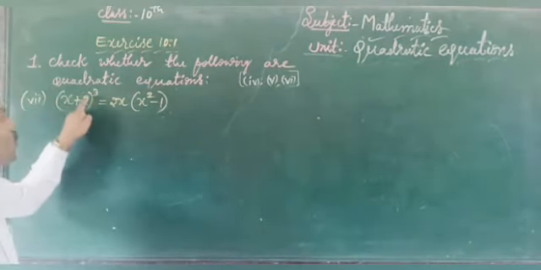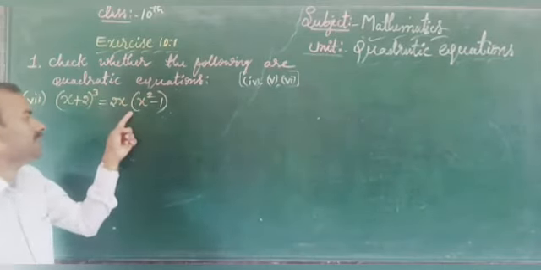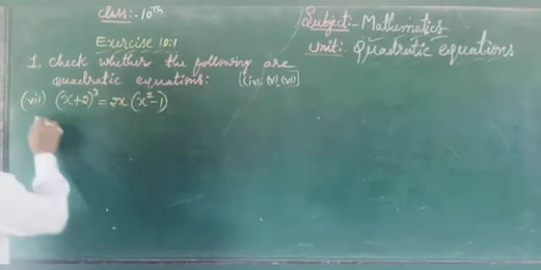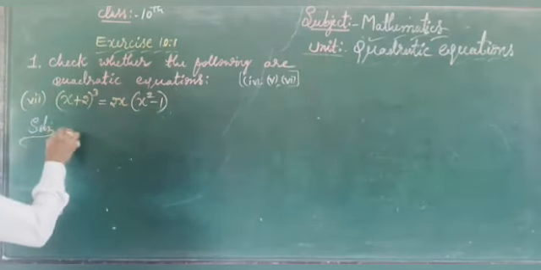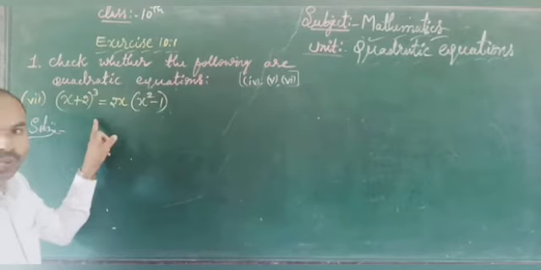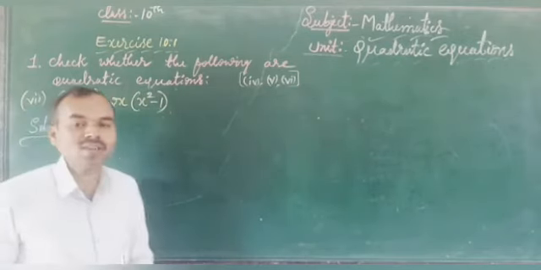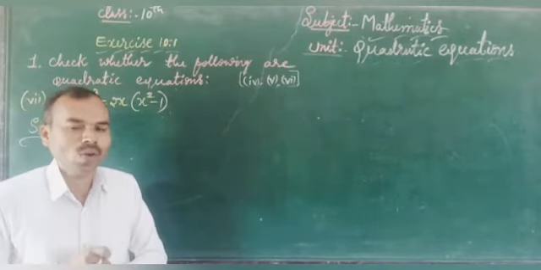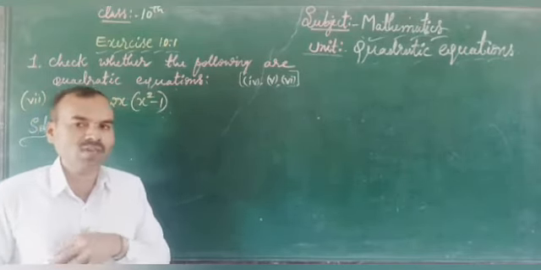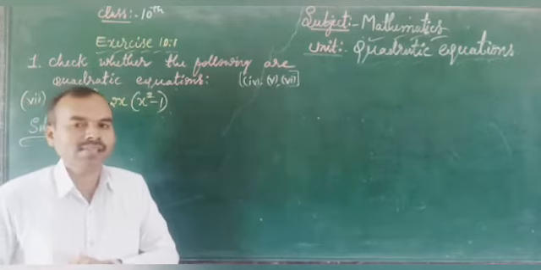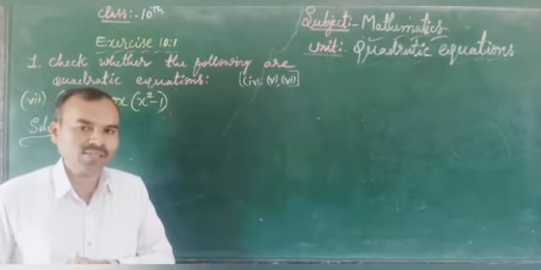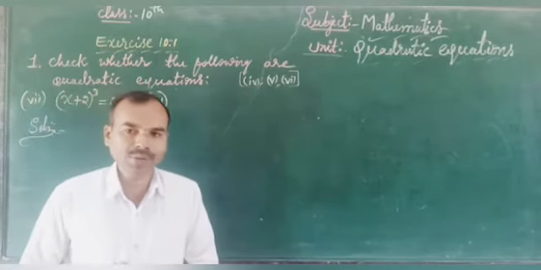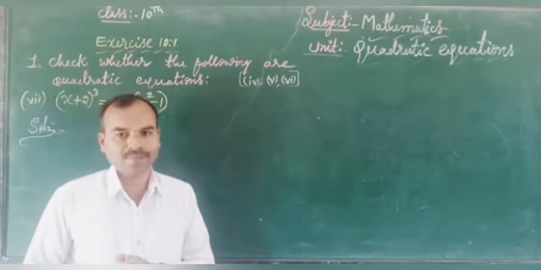x plus 2 whole cube equals 2x into x square minus 1. Solution. x plus 2 whole cube. This is of the form a plus b whole cube, or x plus y whole cube. Do you remember x plus y whole cube? Yes, x cube plus y cube plus 3xy into x plus y.